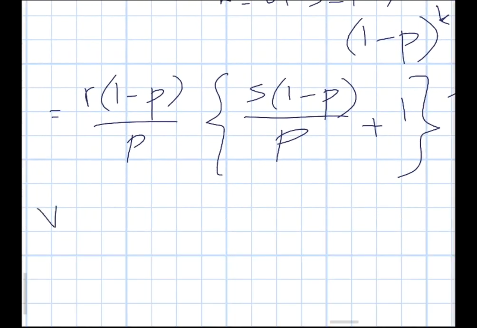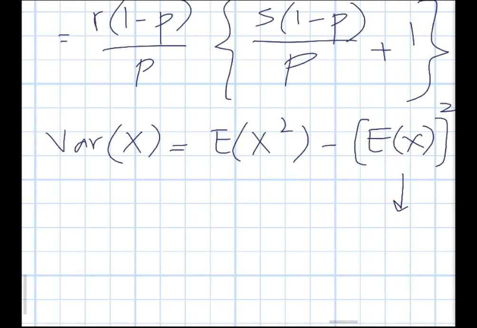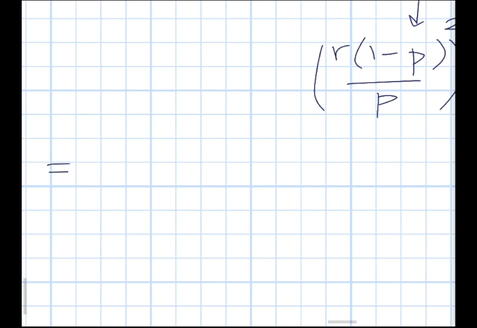Now the variance of x is equal to the expectation of x squared minus the square of the expectation of x. So this guy is r times (1 minus p) over p, squared. If you do just basic algebra, you will end up with r times (1 minus p) divided by p squared.